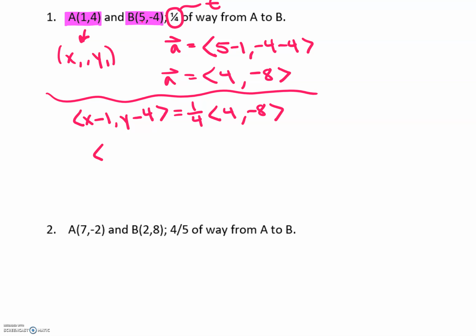So if I go ahead and distribute my parameter, I'm going to get, oh sorry, not <2, -2>, but <1, -2>.